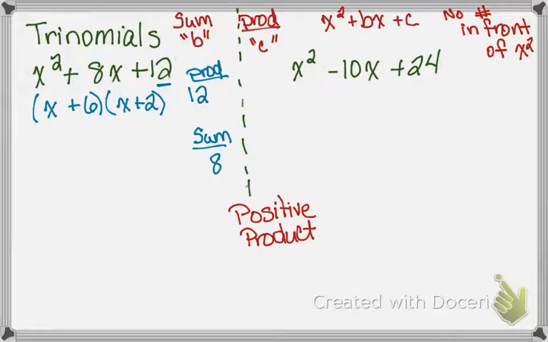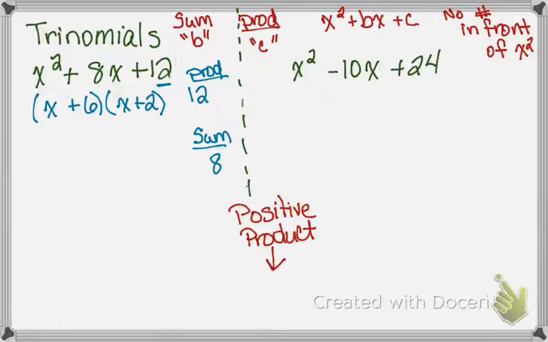Now I want you to think about what kind of numbers can I multiply together to get a positive product? 2 negatives give me a positive product, and what else? 2 positives. Okay. So anytime we're factoring and I've got a positive product, my numbers are always going to be both positive or both negative.